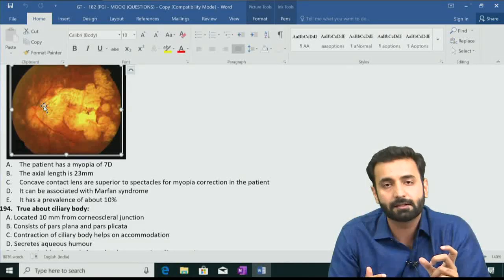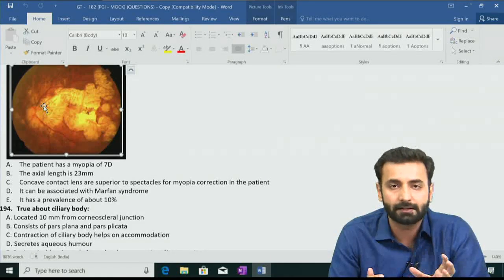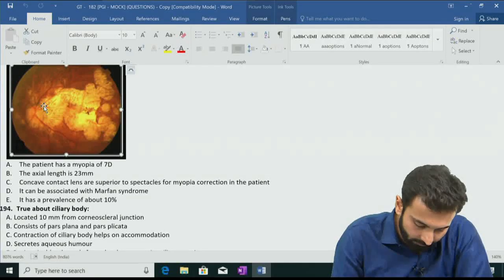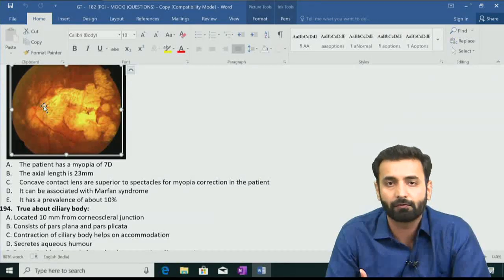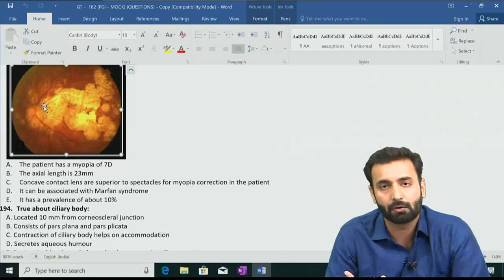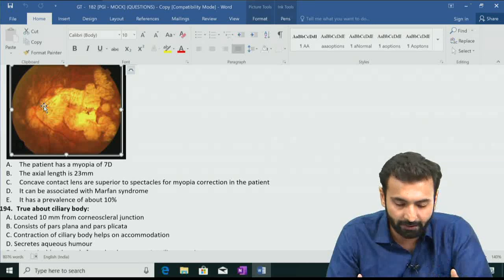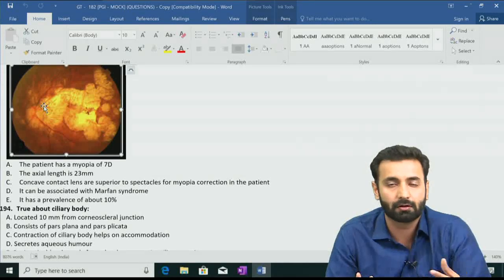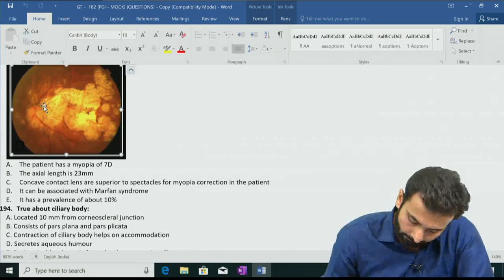The optic disc is obliquely placed and associated with a temporal myopic crescent. Chorioretinal atrophy is also seen, and the appearance of the fundus is tessellated, or tigroid.